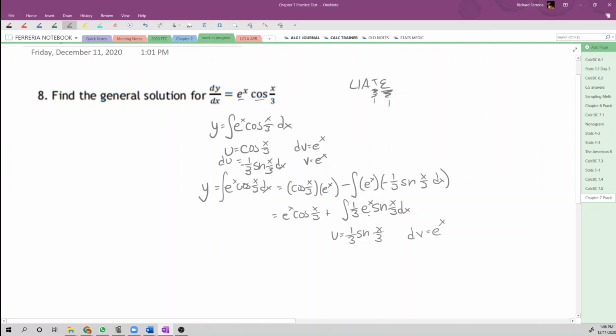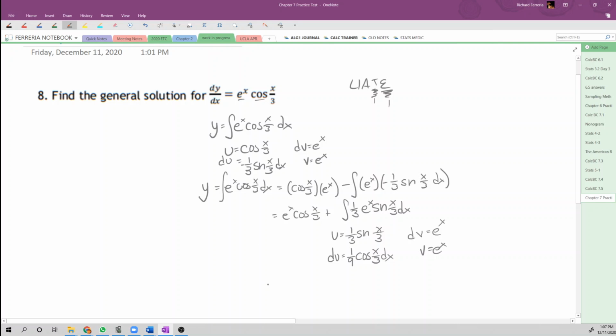We've got a 1/3, e^x, and sine x over 3. Everything has been accounted for. Let's take our derivative: the derivative of sine is cosine, and the derivative of x over 3 is 1/3. So 1/3 from the chain rule times 1/3 is 1/9, times cosine of x over 3 dx. And dv here makes v equal to e^x.